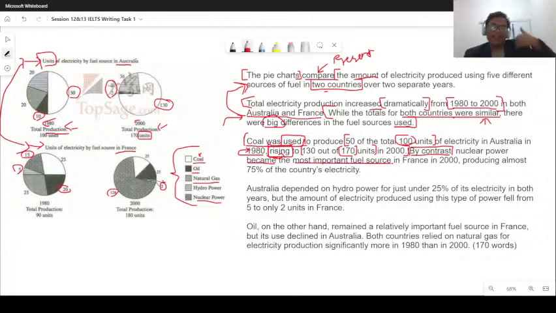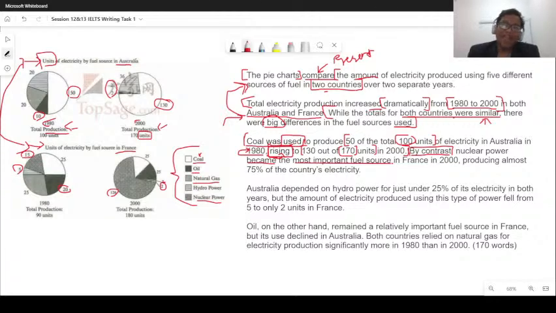So the examiner might agree that this is still highlighting the main features of the charts.